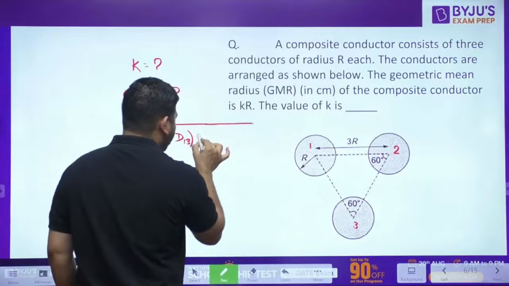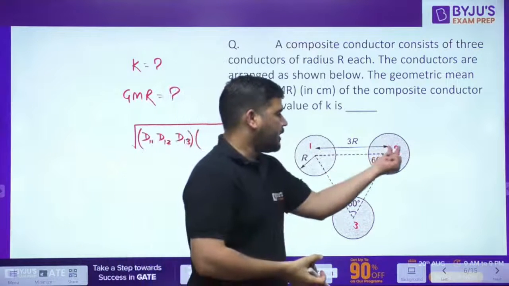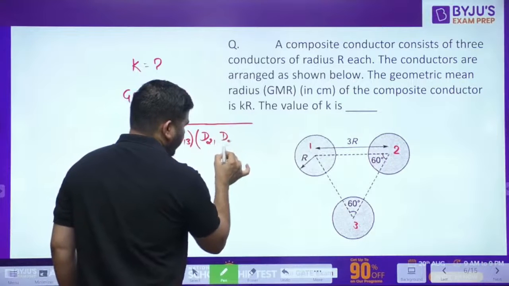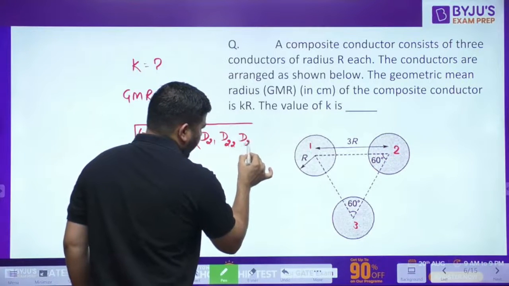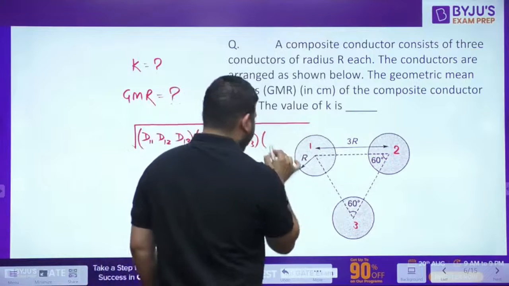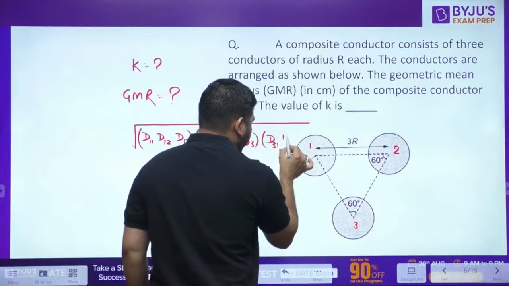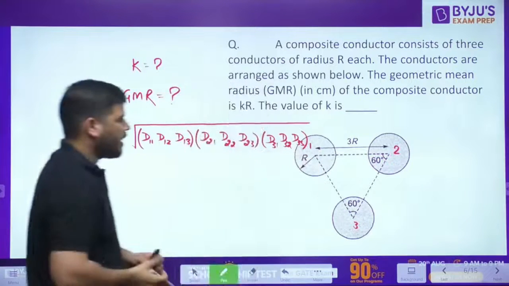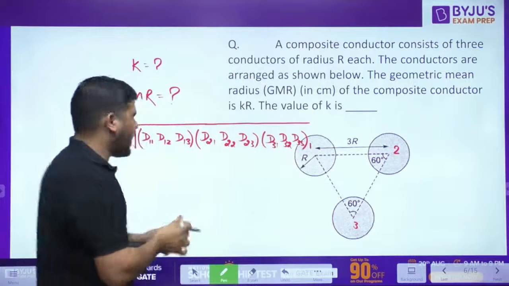Now for conductor 2, the distances are D21, D22, D23. And for conductor 3, D31, D32, D33. In total 9 terms are there, so you have to take the 9th root.